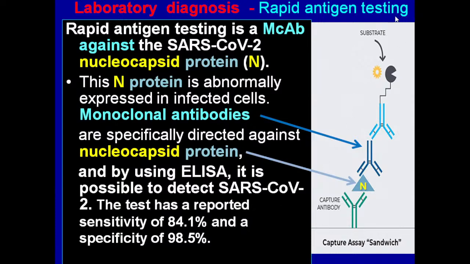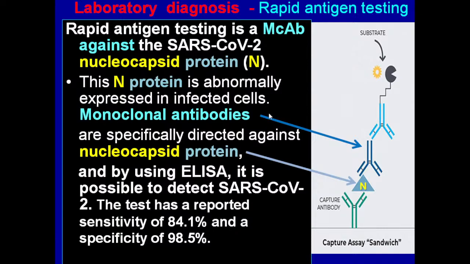So, rapid antigen testing. This is performed with the help of monoclonal antibody against SARS-CoV-2 nucleocapsid. Why nucleocapsid? Because usually nucleocapsid protein doesn't undergo that many antigenic variations.